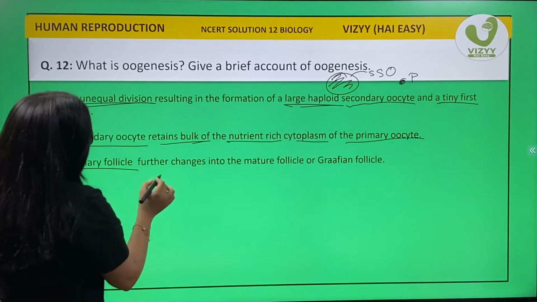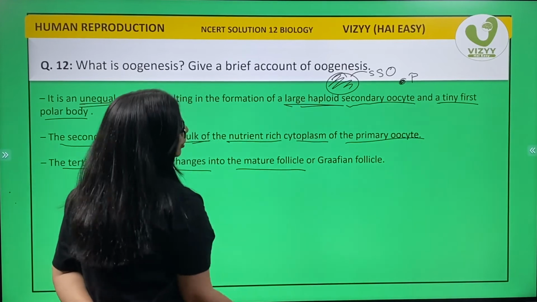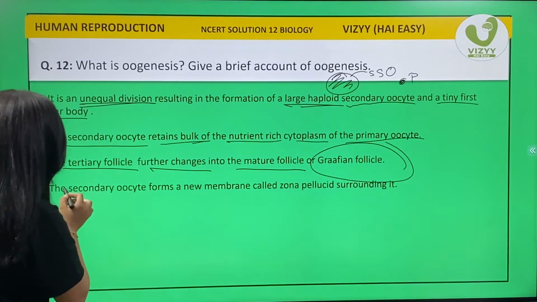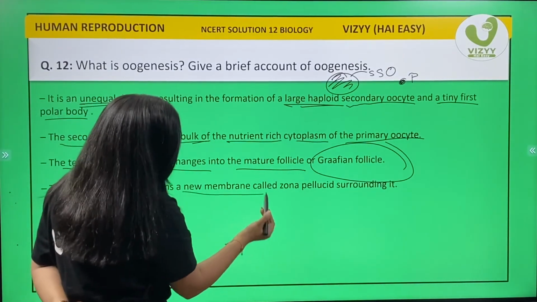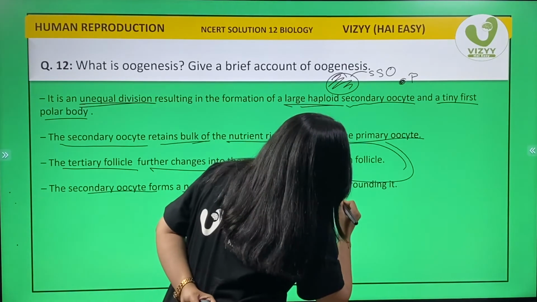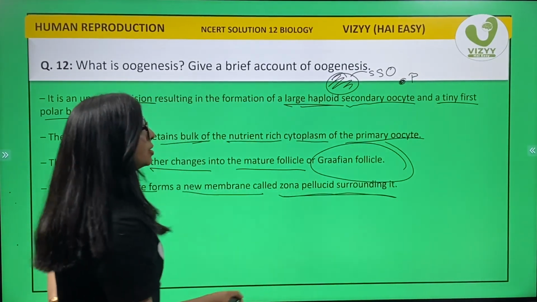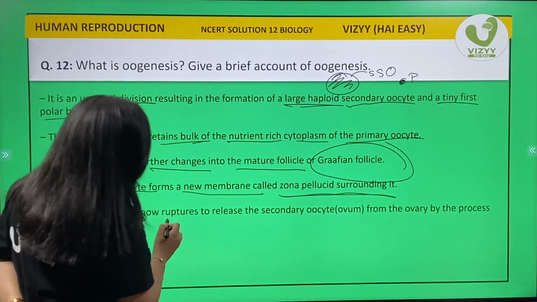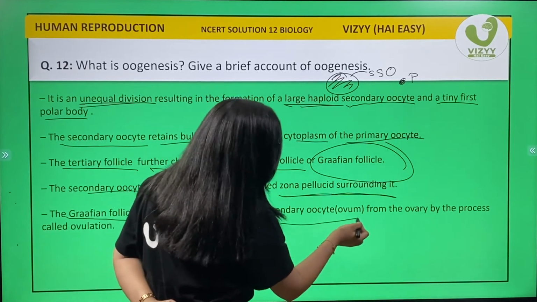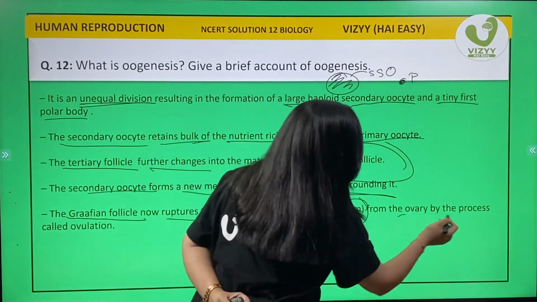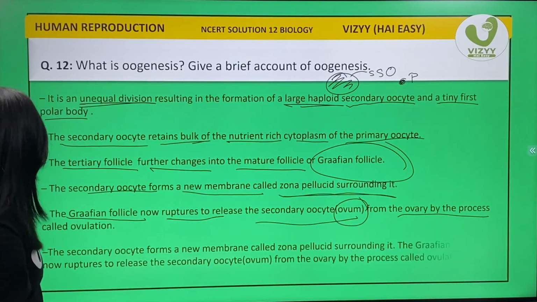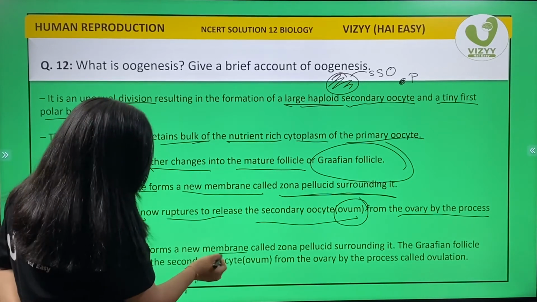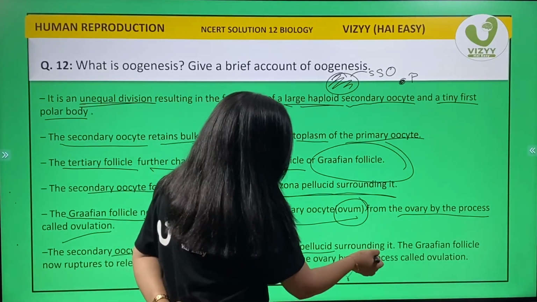The tertiary follicle further changes into a mature follicle known as the Graafian follicle. The secondary oocyte forms a new membrane called the zona pellucida surrounding it. Lastly, the Graafian follicle ruptures to release the secondary oocyte, or ovum, from the ovary by the process called ovulation.